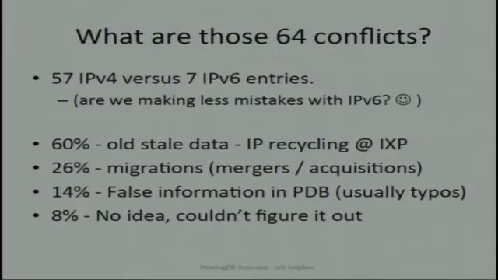26% of these conflicting sightings were actually networks that have merged or were migrating from one AS to another, and they do what I think is the local AS trick to old peering sessions, where maybe they cannot reach the other peer, but they want to keep peering, so they'll just give up and use local AS to keep that session up and running. 14% was just typos, where people would just flip 2 digits in the AS number, or something that really looks like, oh, I fat-fingered this, oops.